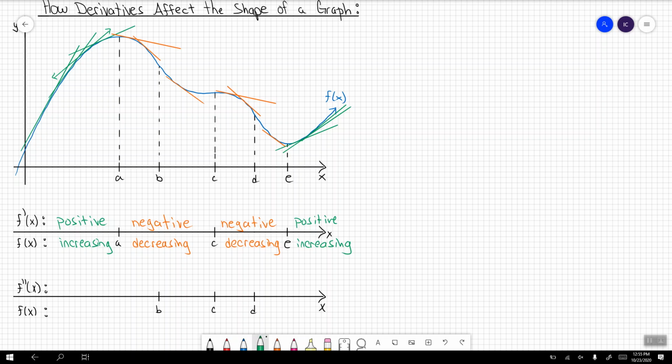Okay, so in order to analyze this, we're going to say that the function f of x is increasing.